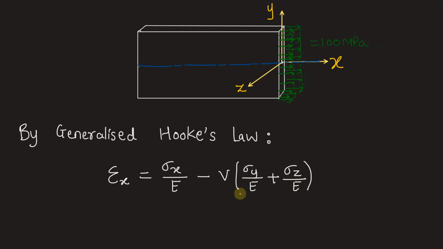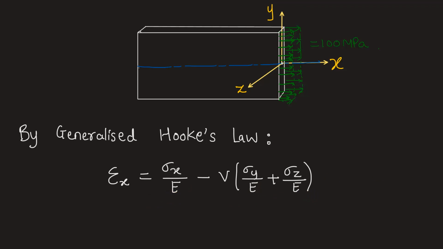So this is indicating the effect of lateral strain while this is the longitudinal strain. In this particular case, as we have only a uniaxial uniform tensile stress, the stress that is given, sigma x, is nothing but the principal stress, sigma 1.